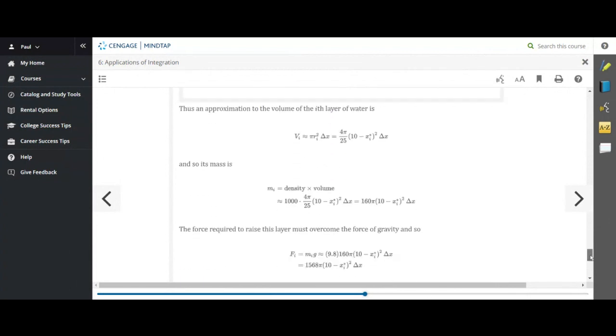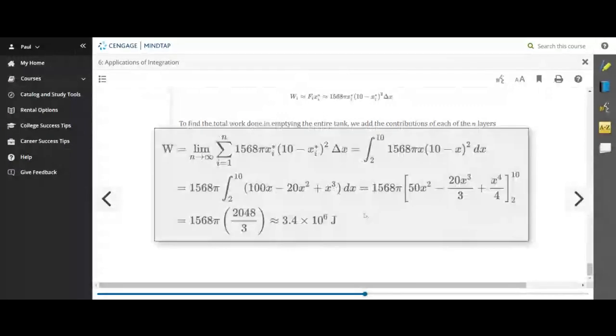So therefore, the limits go from 2 to 10. And when you work that out, you're going to get 3.4 times 10 to the 6th power joules. And that's an example of finding the work needed to pump a volume of water to the top of a tank.